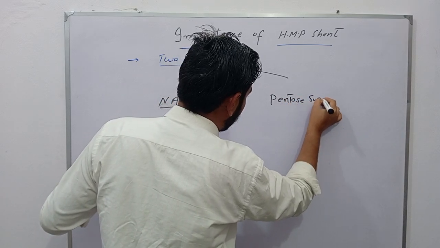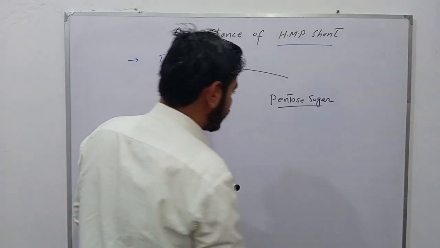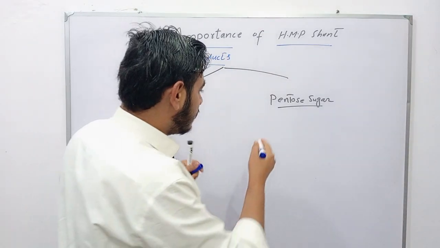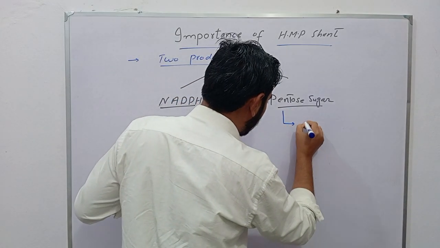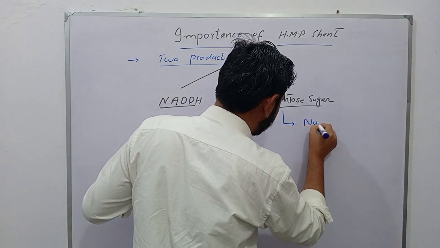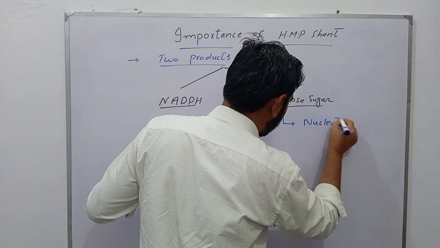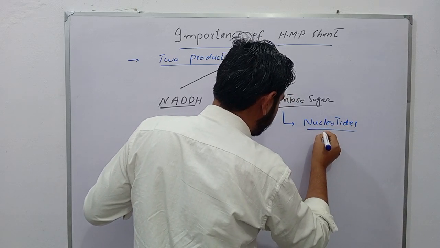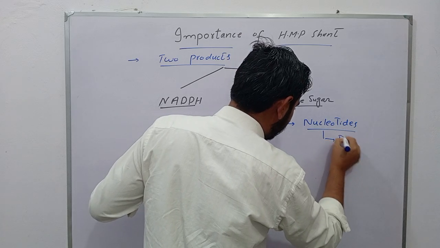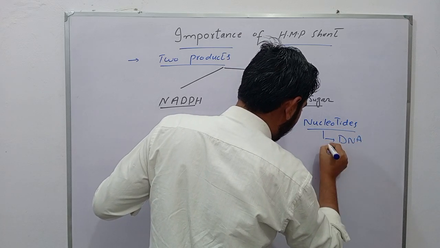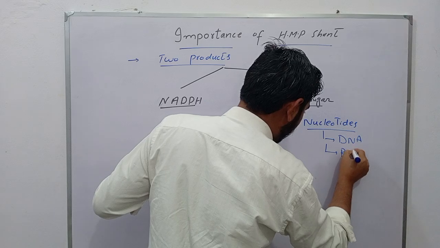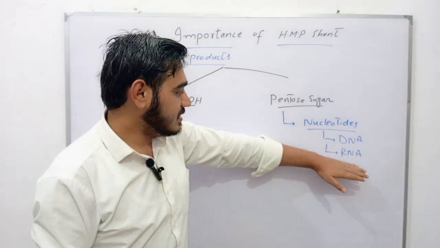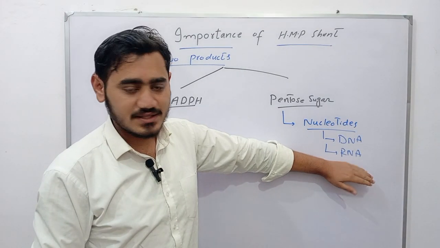Pentose means a sugar containing 5 carbon atoms. This pentose sugar is very important in the synthesis of nucleotides, which means it is very important in the synthesis of DNA and RNA, deoxyribonucleic acid and ribonucleic acid.